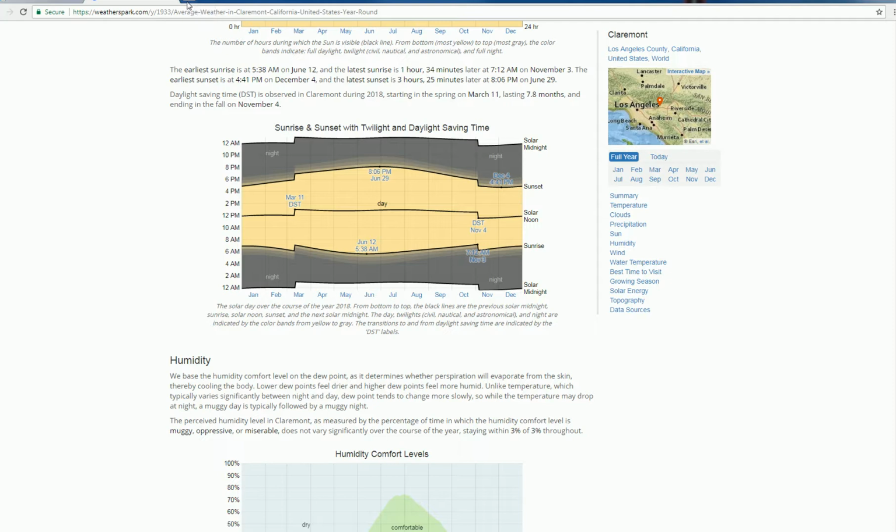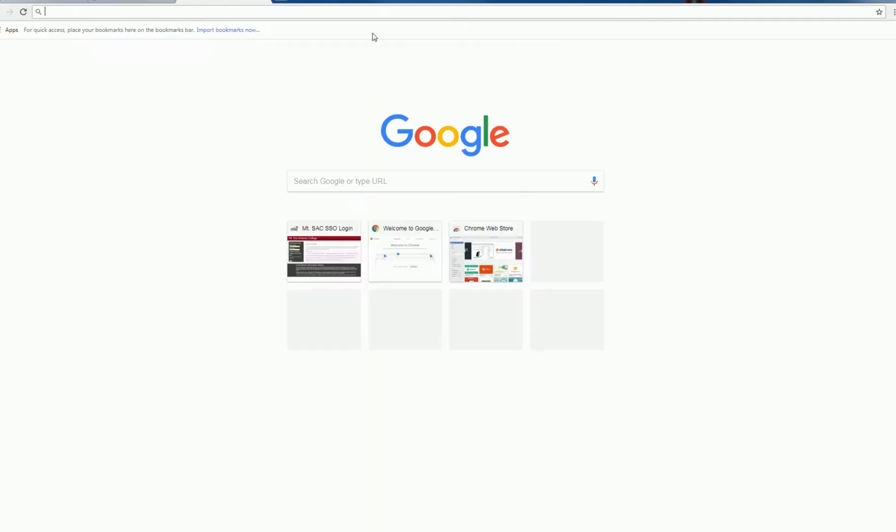So what I was thinking is we take a quick look at comparing Claremont to Upland, so they're literally neighbors, and see if there's any temperature differential. So let's take a quick look at that.